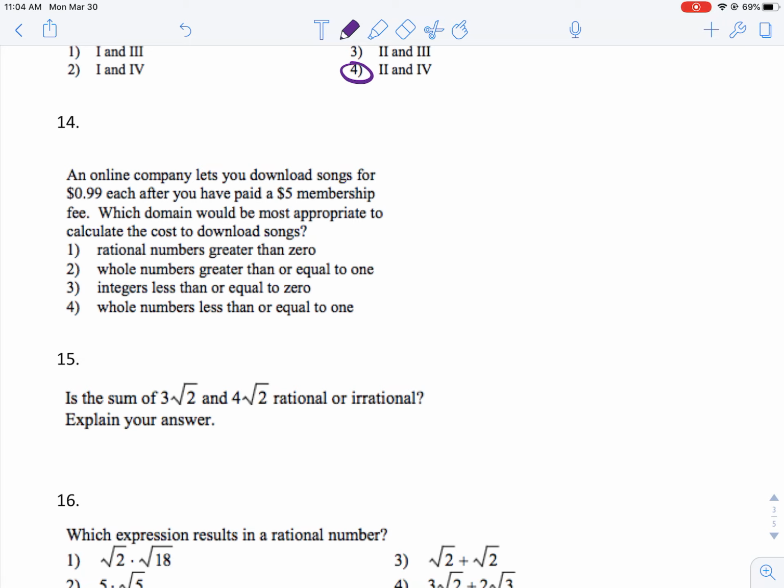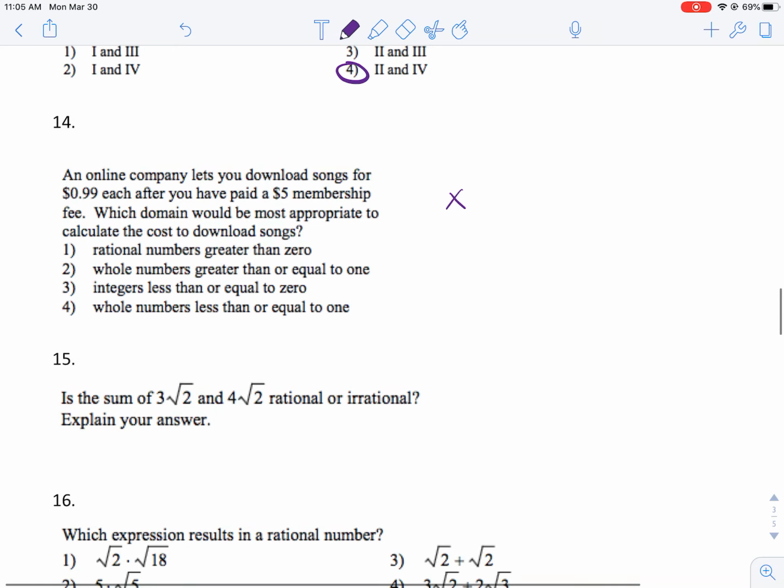Okay. Number 14. An online company lets you download songs for 99 cents each after you have paid a $5 membership fee. So which domain would be most appropriate to calculate the cost to download songs? So when we're talking about domain, we're talking about x values. All right?